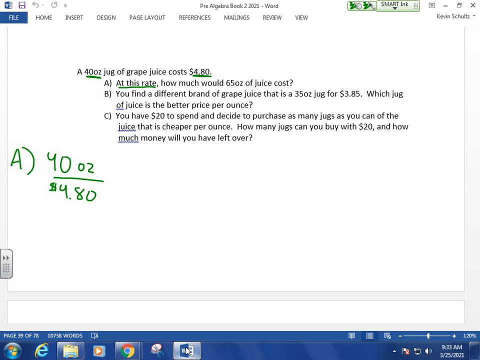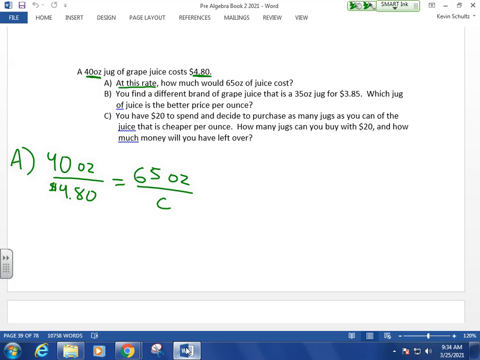So you know 3 of the 4 pieces. You know the size and the cost of the first jug, and you know the size of the second one, which means you're solving for one thing, the cost. Great proportion here. 40 ounces for $4.80 equals 65 ounces for how much? Right?